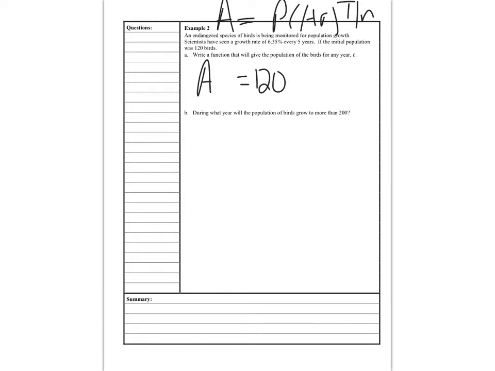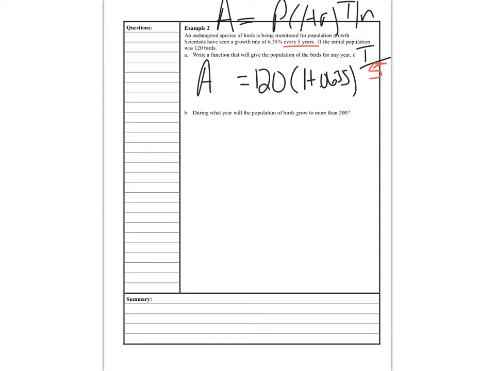Then we have a growth rate of 6.35%, so that's 1 plus, and don't forget to change that to a decimal, 0.0635, to the t over n. T is what we don't know. We want to know it for any year. It says every 5 years, so it's going to be t divided by 5. And there is your equation.